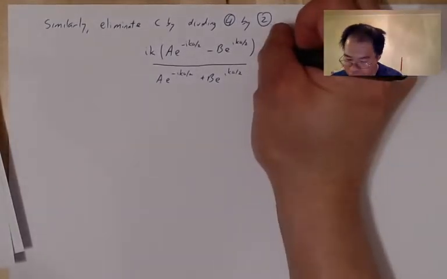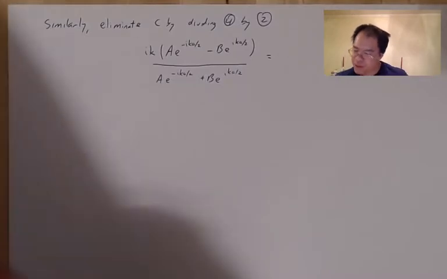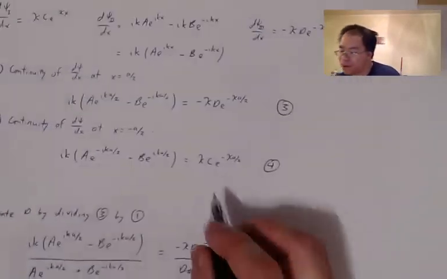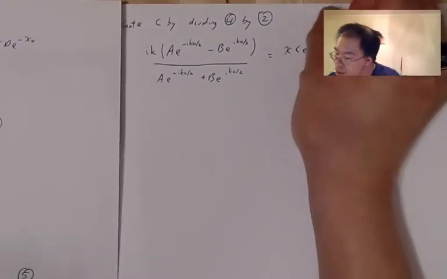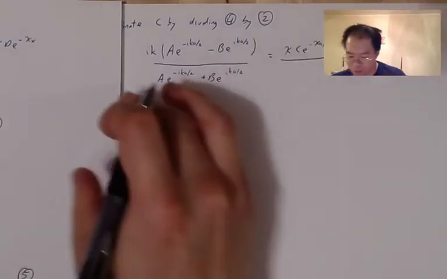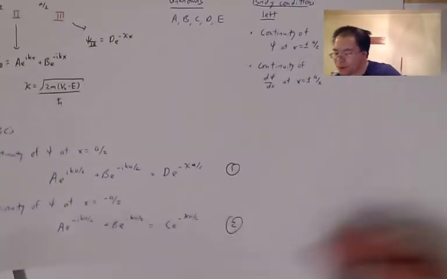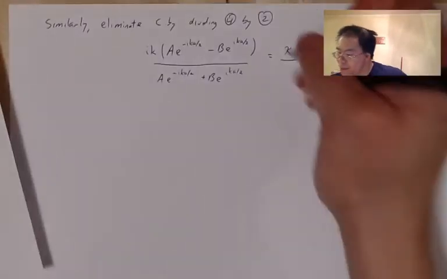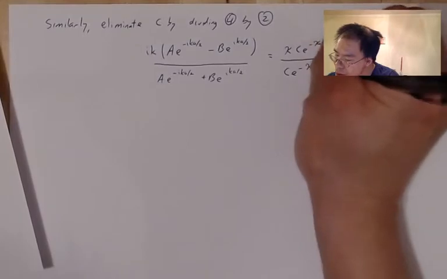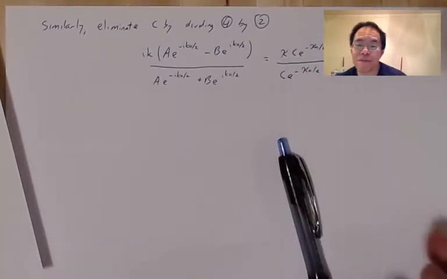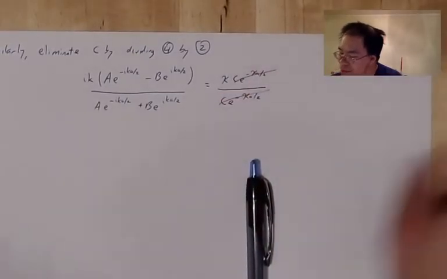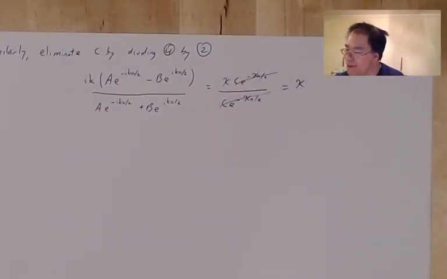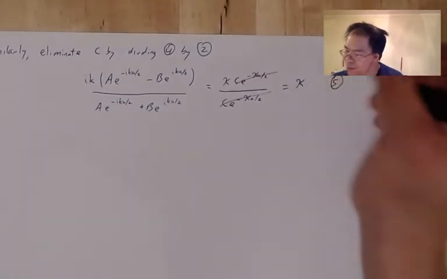And this now gives me, so right-hand side of 4 is kappa c e to the minus kappa a over 2. Right-hand side of 2 is c e to the minus kappa a over 2. Once again, oops, you can't see it. There we go. And once again, notice that all of this cancels, and we're left with this whole nasty thing here equaling kappa. And let me call this equation 5.